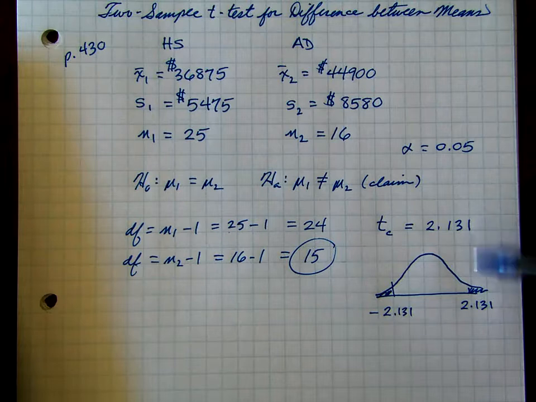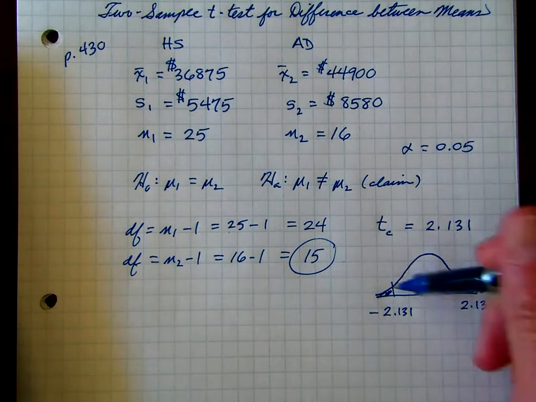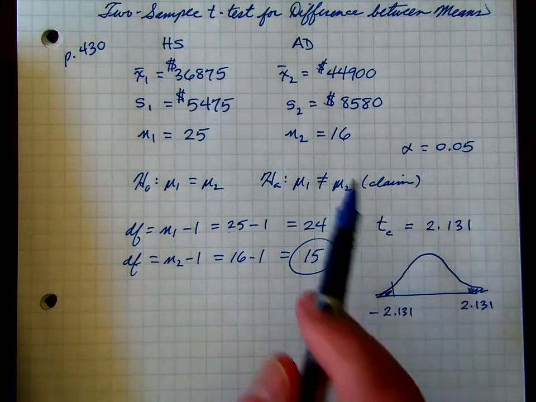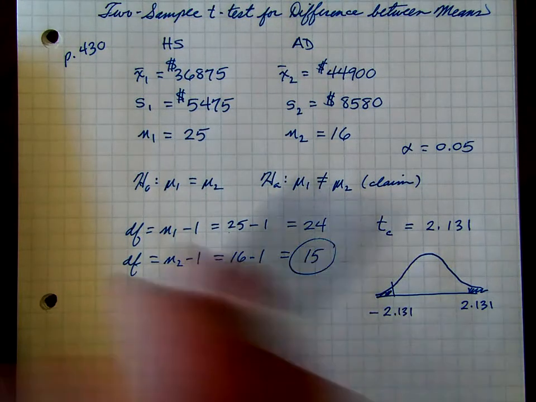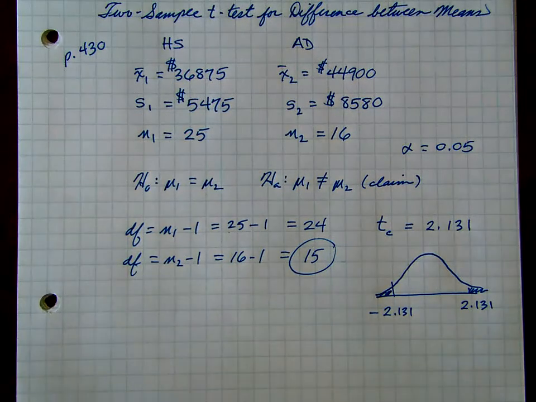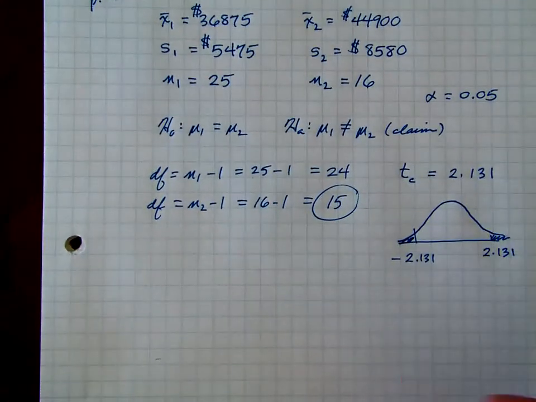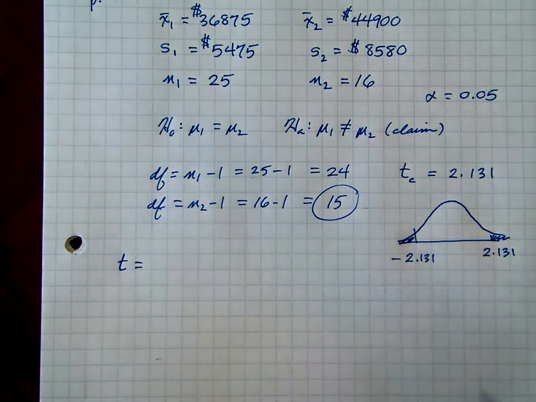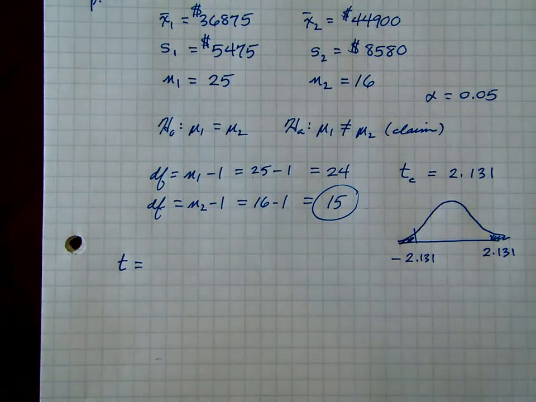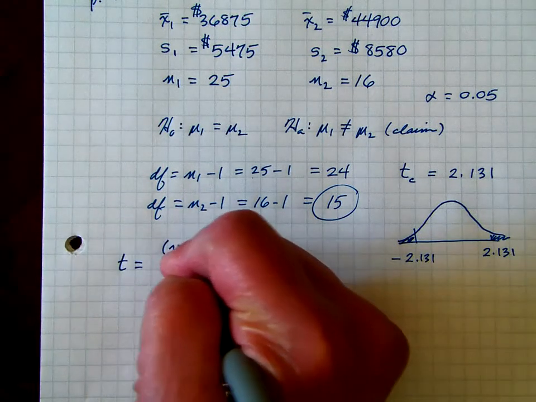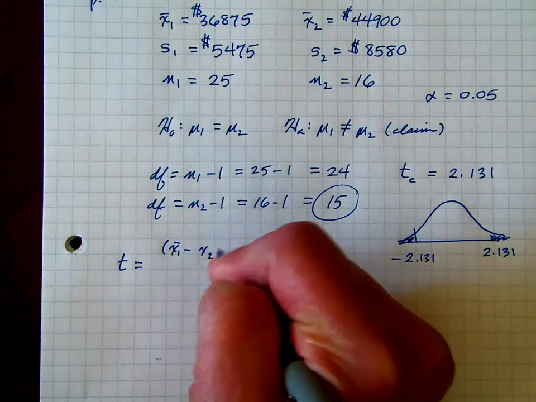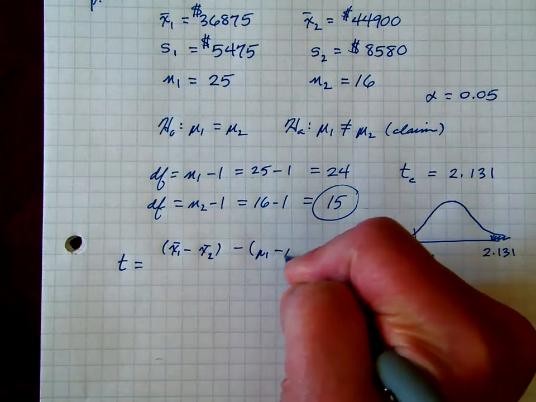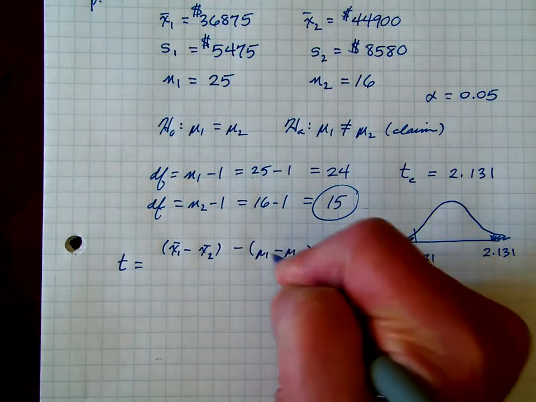If we get a statistic that falls in either outlying region above or below, then we would reject the null hypothesis and we would assume there is a difference. Let's find out what our statistic is. Hold on, this is a messy calculation, so be careful. The t-value statistic, 15 degrees of freedom, we have the difference of the sample means minus the difference of the assumed means for the population, okay?